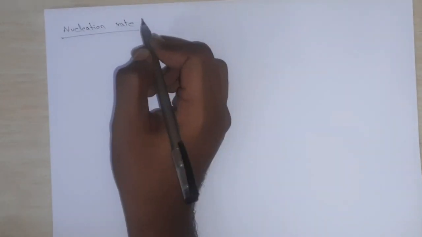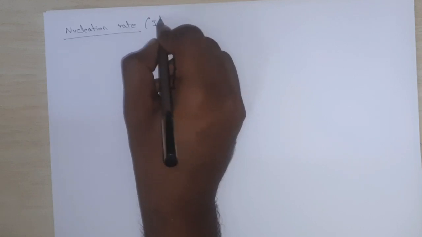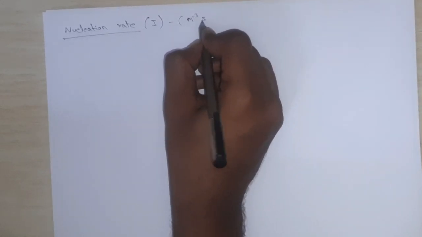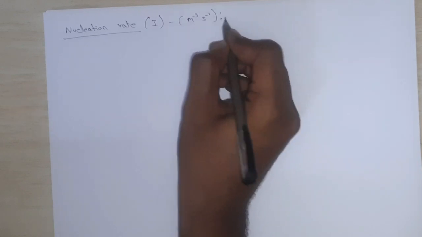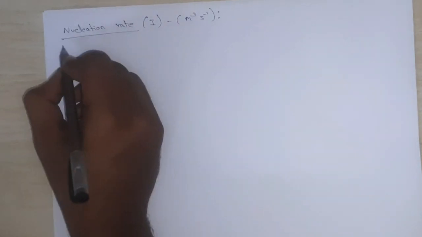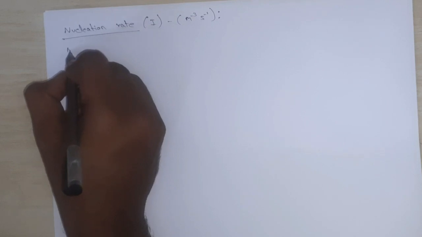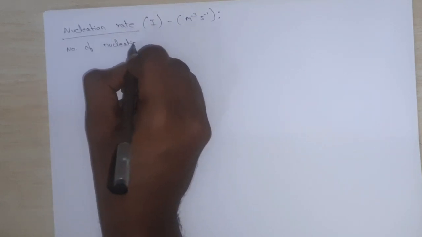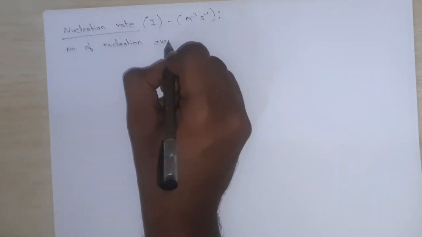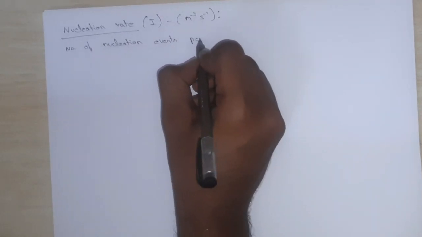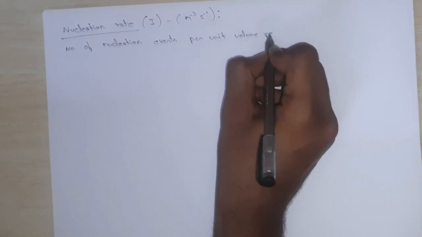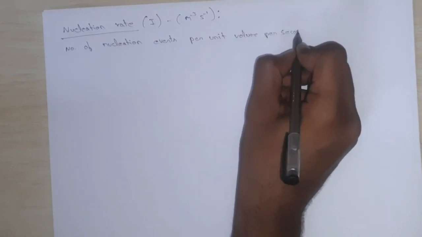Nucleation rate is represented by the letter I, and the units are per meter cube per second. Nucleation rate is defined as the number of nucleation events per unit volume per second.